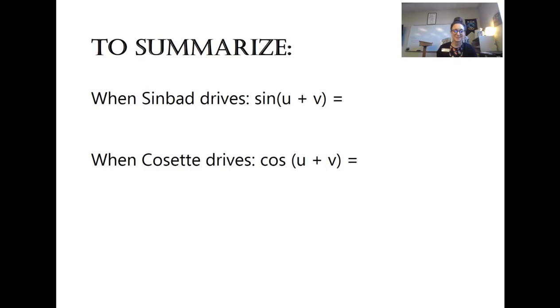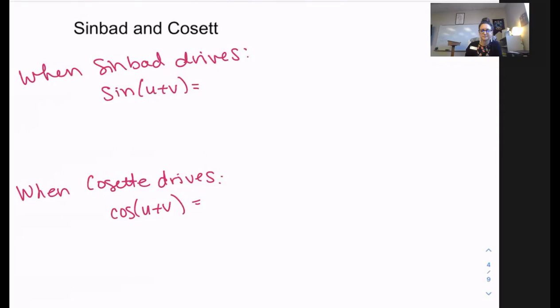So, let's summarize. When Sinbad drives, he makes sure that he, Sinbad, and Cosette sit in the front together, and he makes sure everybody knows their signs are the same. And then Cosette's sister and Sinbad's brother have to sit in the back, okay?